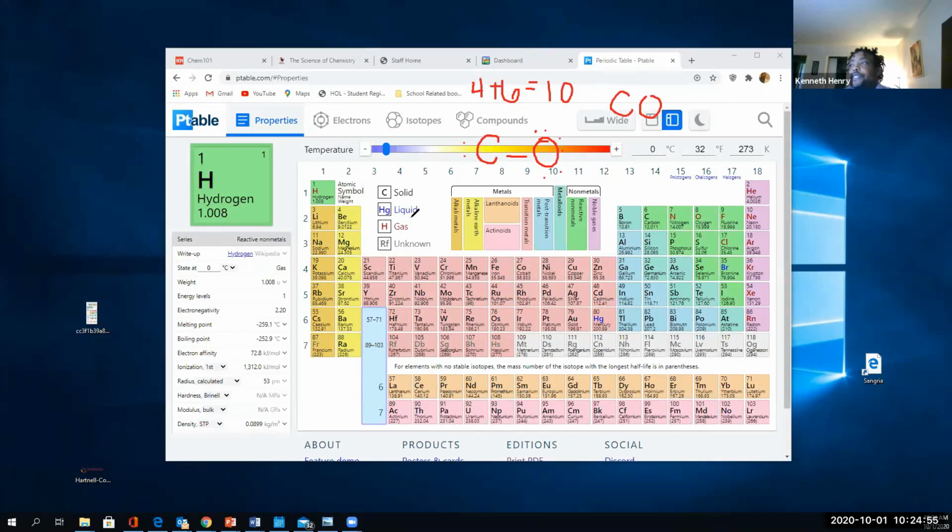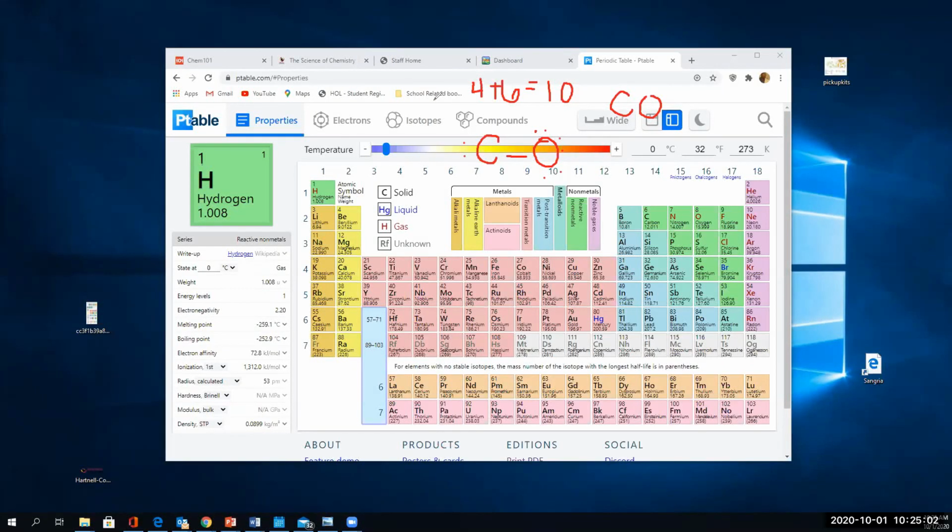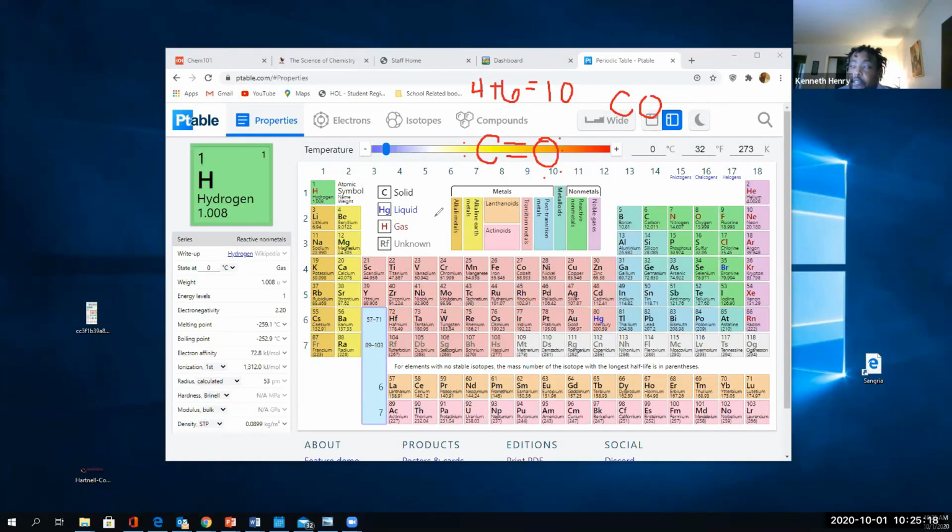So what do I need to do? Add another bond. Okay, is it reaching its octet now? Yes. Are you sure? Count the number of electrons around carbon. Oh no, there's only 6. Okay, so still not there.